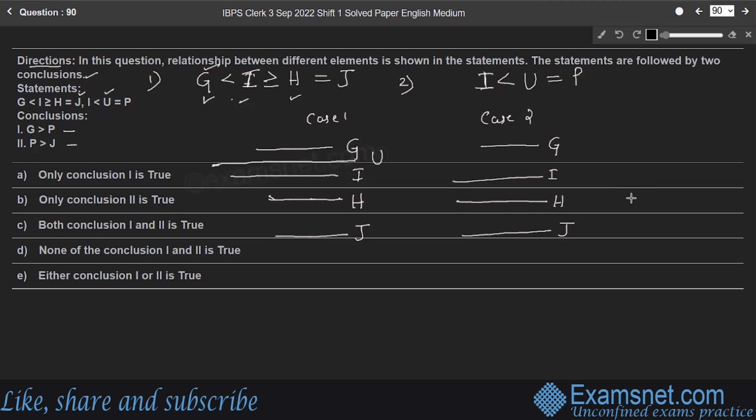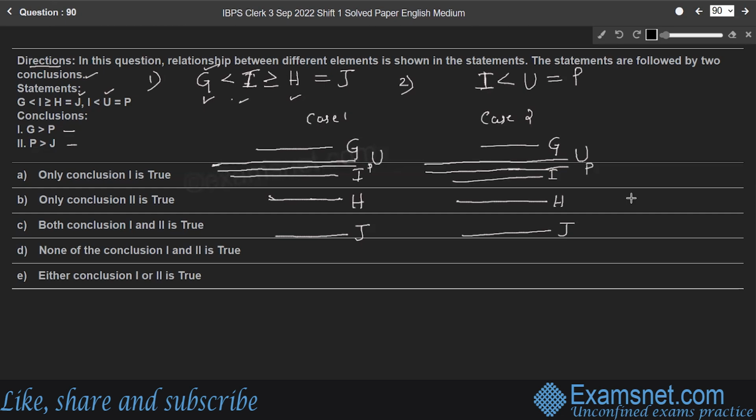U is greater than I. In case 2 also there is a line U here. U is greater than I. And U is equal to P. So insert a small line, that means P here. U is equal to P. In case 1 also, U is equal to P.